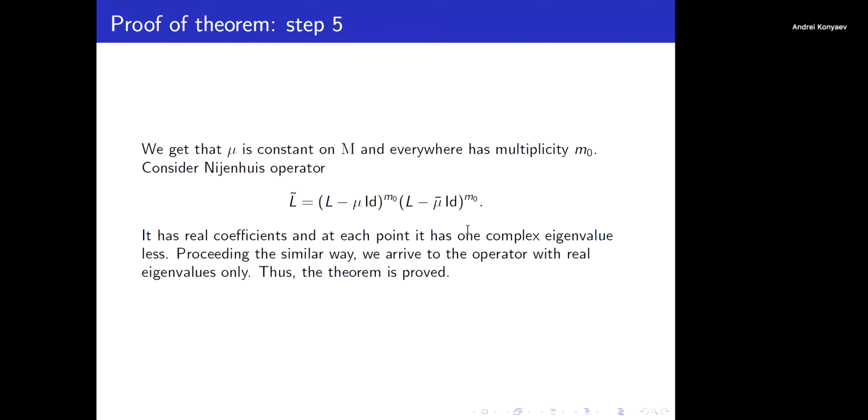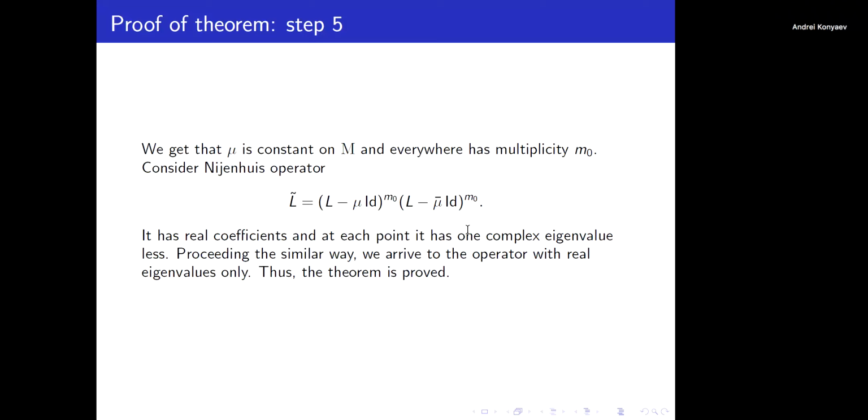The second thing you can see from here is that instead of mu, this complex eigenvalue which we proved is constant throughout the entire manifold, it has 0, right? And 0 is a real eigenvalue.